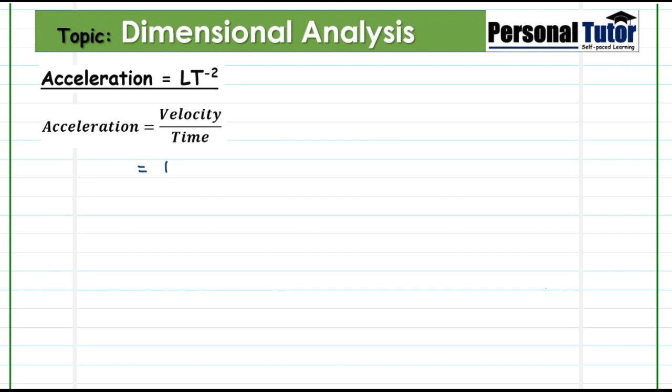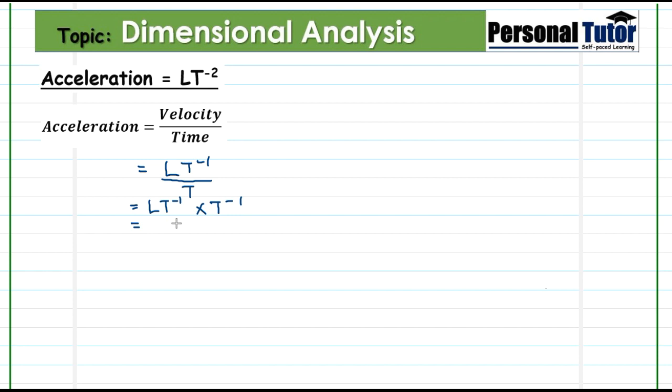So velocity becomes LT exponent negative 1 all over T for time. As this is also written in the linear form, you will have it as LT exponent negative 1 times T. This T is carrying a positive 1; when it goes up, it becomes negative 1.